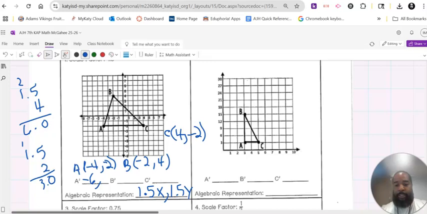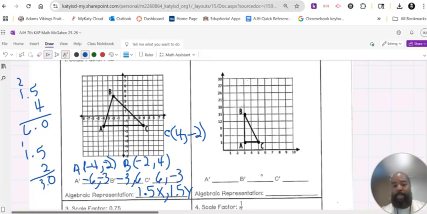So that means this will be -6 comma -3. Then my B, because all these values are the same, 4 and 2, we're just going to change the signs, right? So my new B is going to be -3 comma +6. And then my C would be 6 comma -3.